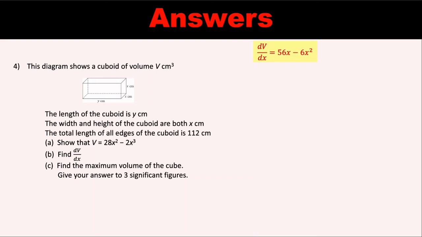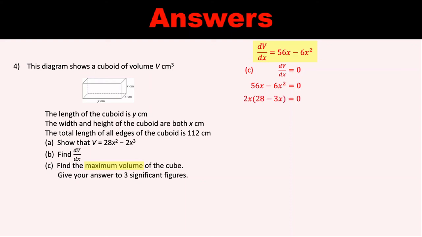Remember, maximums, minimums, and turning points happen when the gradient is equal to 0. So dv dx is equal to 0 when 56x minus 6x squared is equal to 0. Now this is a quadratic we're going to need to solve, but again you can see it's a fairly simple quadratic because there is a common factor. We can factor out of both terms.